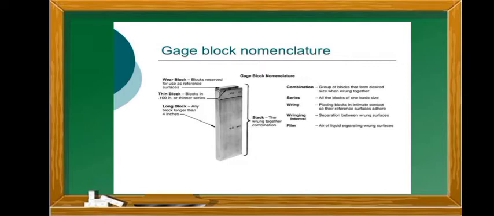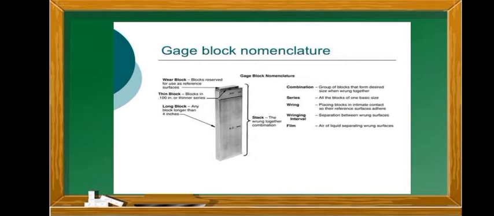Series means all the blocks of one basic size. So for example, a thin block, a block in the 0.100 inch or thinner series, combined with the other series, the long block or any block longer than 4 inches. So the two blocks with different series are combined to build a stack by ringing.